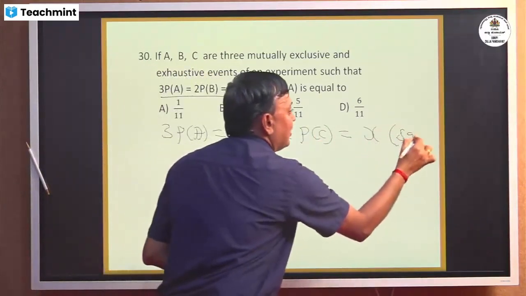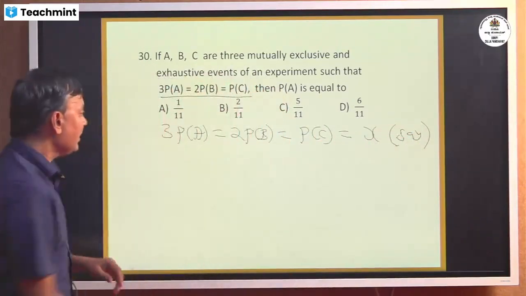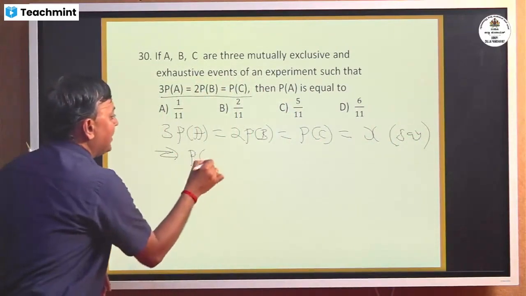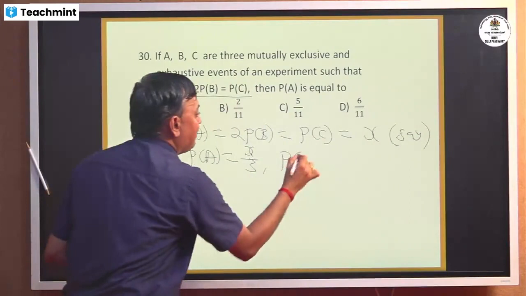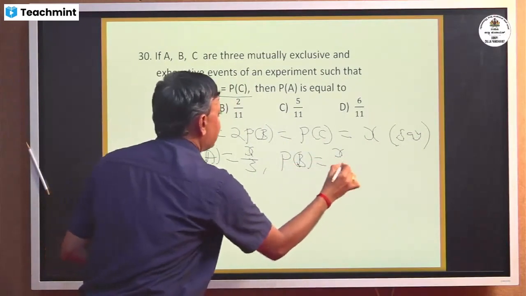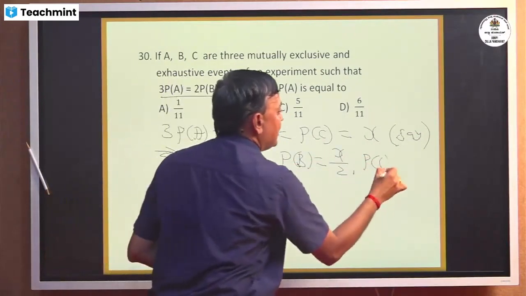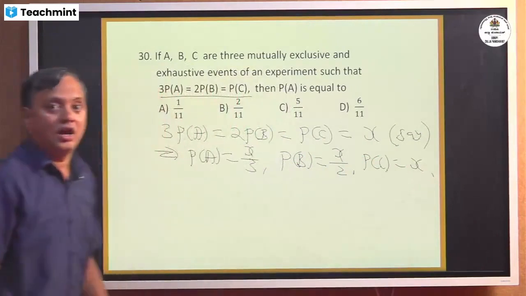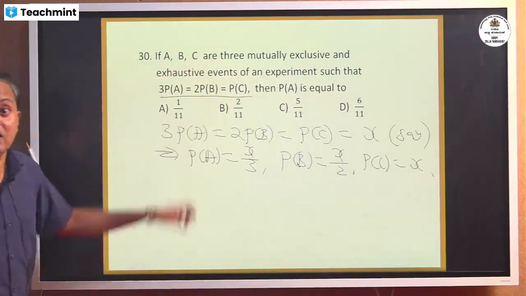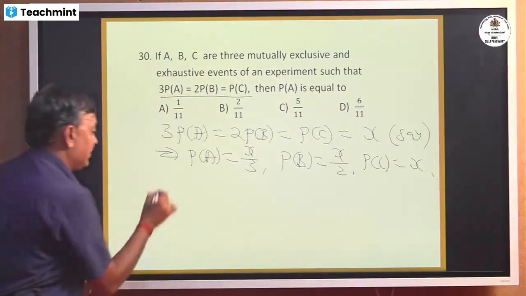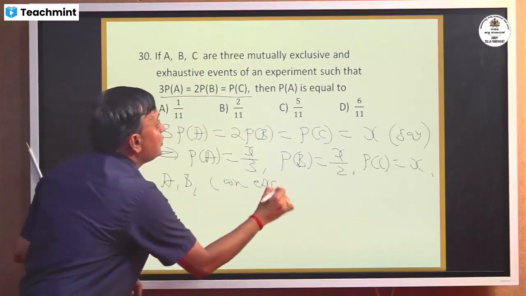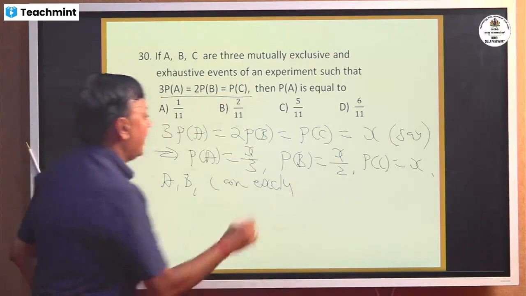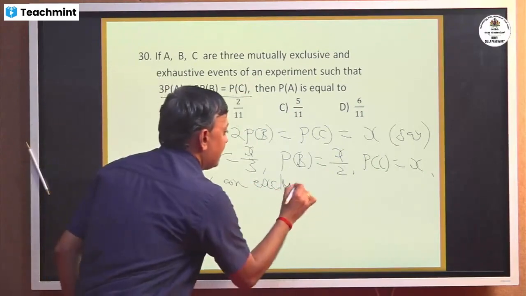Say X. First we have to find X. This implies probability of A becomes X by 3, probability of B becomes X by 2, and probability of C is equal to X. Here A, B, C are mutually exclusive and exhaustive events.